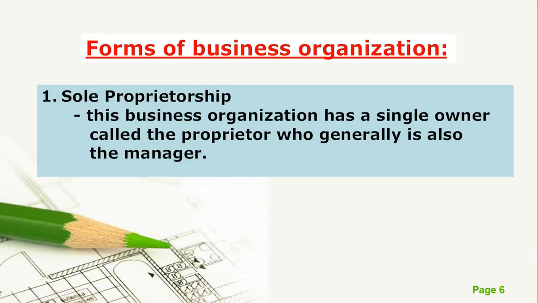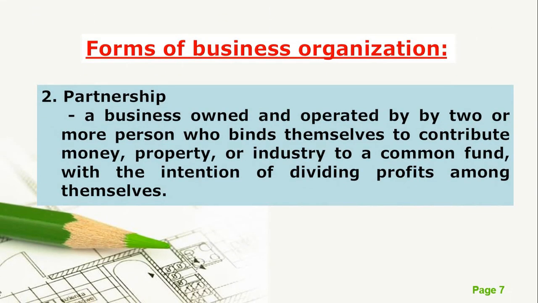The next one is partnership, the second form of business organization. A partnership is a business owned and operated by 2 or more persons who bind themselves to contribute money, property, or industry to a common fund with the intention of dividing profits among themselves.